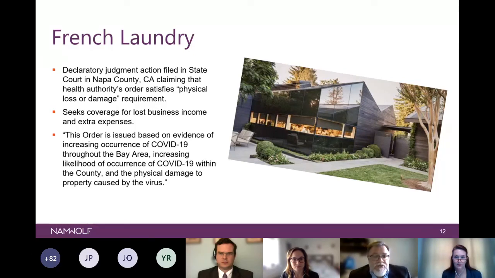In addition, the order issued by the relevant governmental authority here did specifically recite the risk of property damage and the need to order a closure in order to prevent additional property damage. So this really illustrates why the status of a claim can be very different depending upon the particular facts presented.